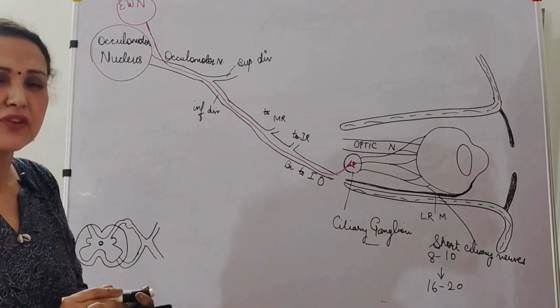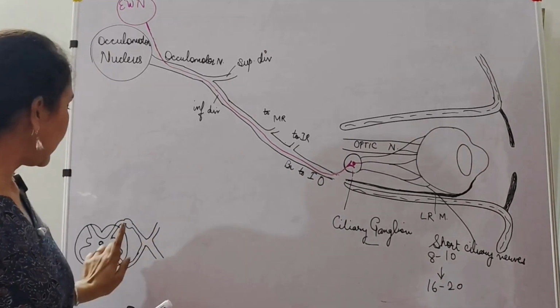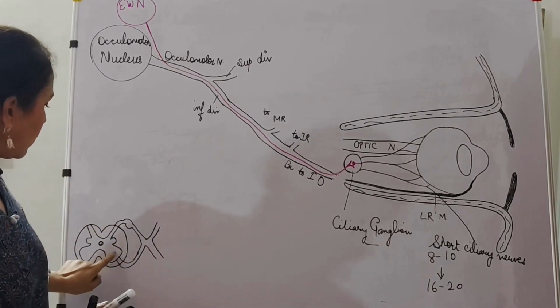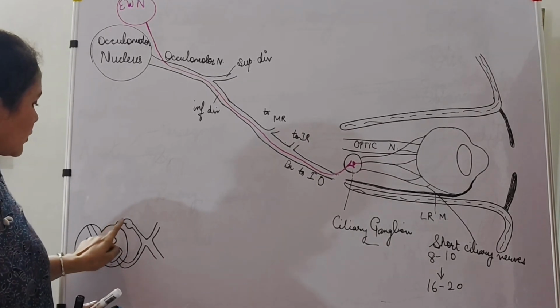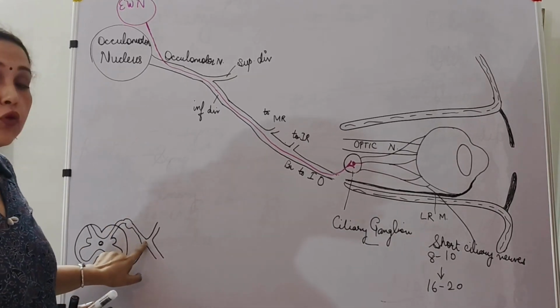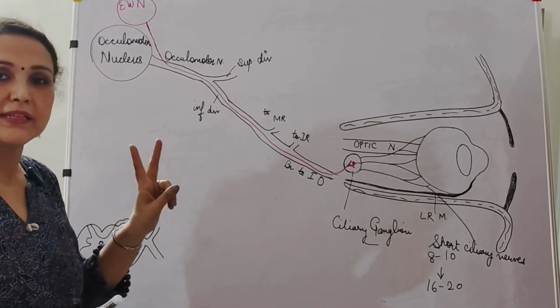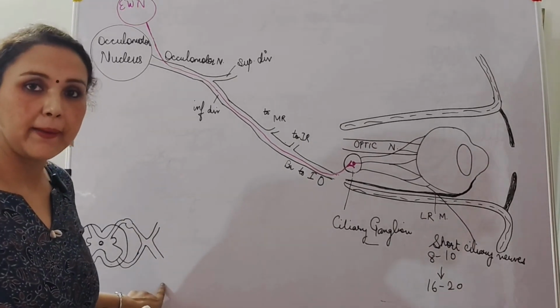So this is the basic structure of the transverse section of spinal cord, which you should be thorough with. We have the transverse section. This is the dorsal grey horn, ventral grey horn, lateral grey horn, central canal, the dorsal root ganglia, ventral root. They join to form the spinal nerve, and then the spinal nerve divides into two, the dorsal rami and the ventral rami.